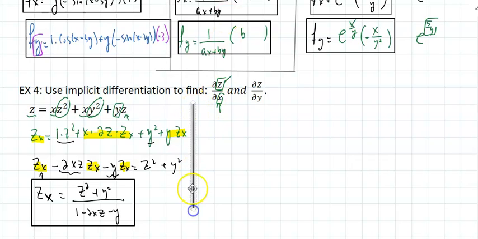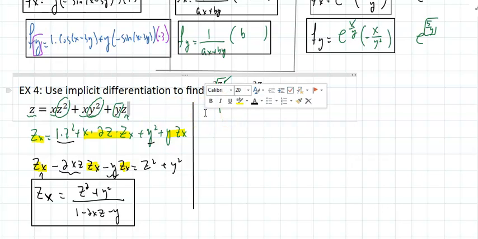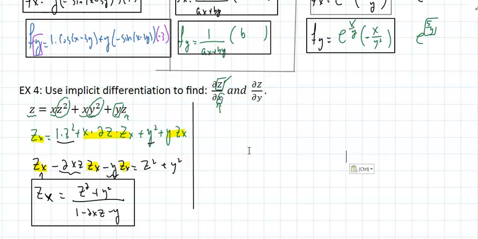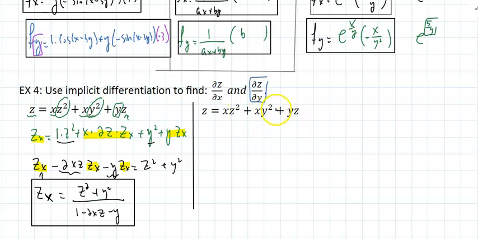And if I take a derivative of z with respect to y, then y is the variable and z is like saying y equals, so derivative of this will be z sub y, and here this is a constant, you ignore, bring the power down, subtract 1 from the power times z sub y, plus derivative of this with respect to y, bring the power down, subtract 1 from the power, and derivative here requires the product rule.